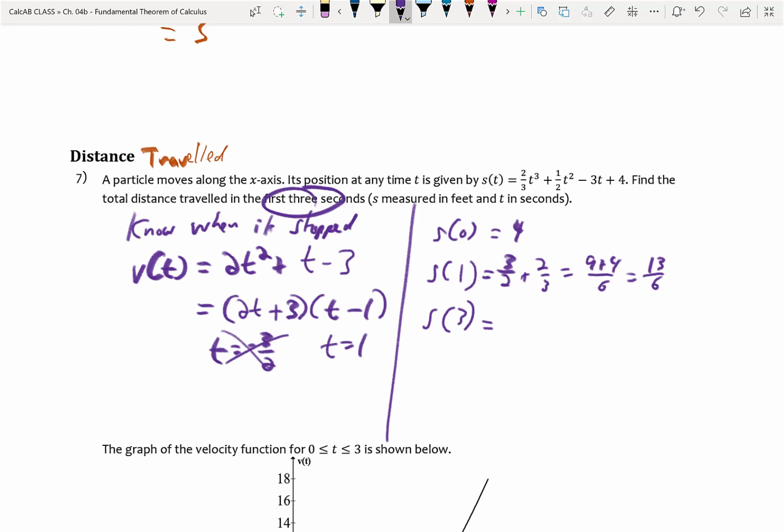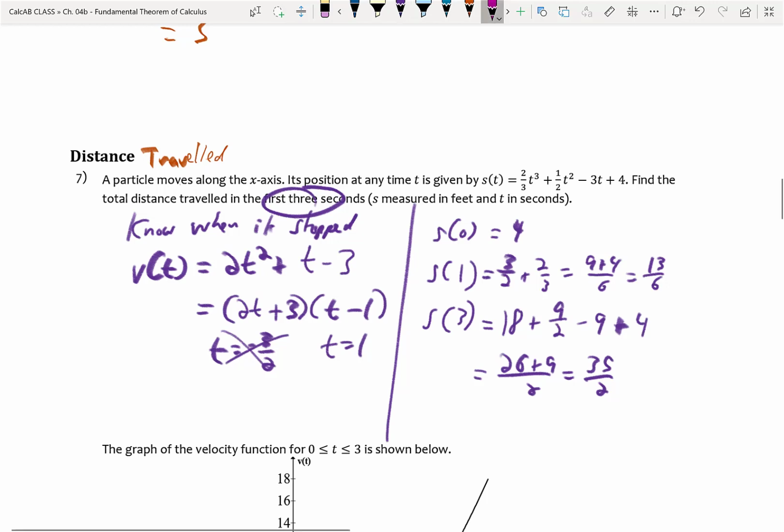And S of 3 is 3 cubed divided by 3, but then times 2, 18, plus 3 squared times 1/2 is 9 halves, minus 9 plus 4, which is 26 halves plus 9 halves, or 35 halves. That's where it is at each of those different spots.